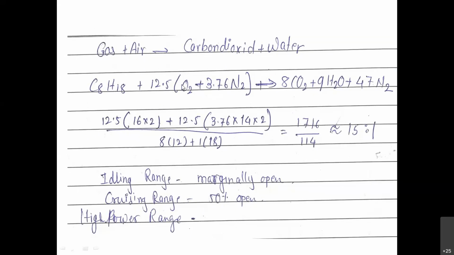From the exact balanced equation, if we substitute the atomic weights for the gas, oxygen, nitrogen, carbon and hydrogen, then we will get this ratio approximately as 14.7:1. I have given this as approximately 15.1.